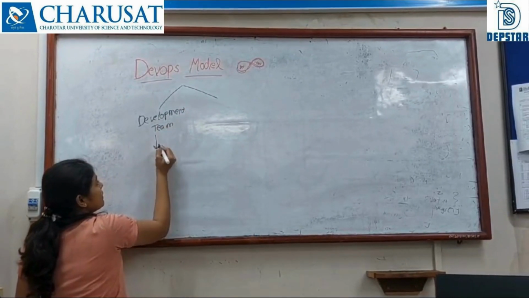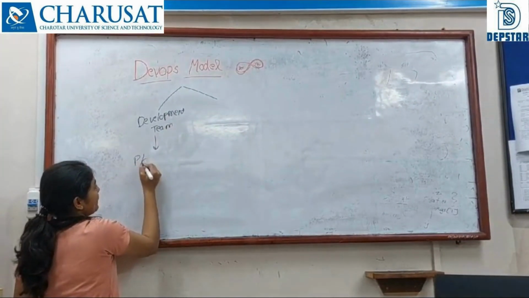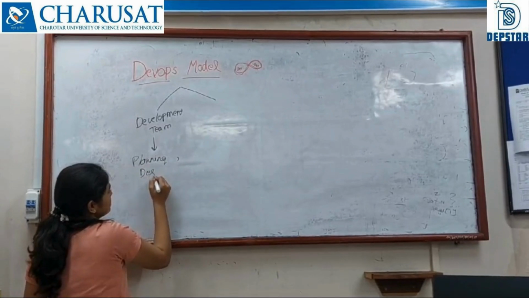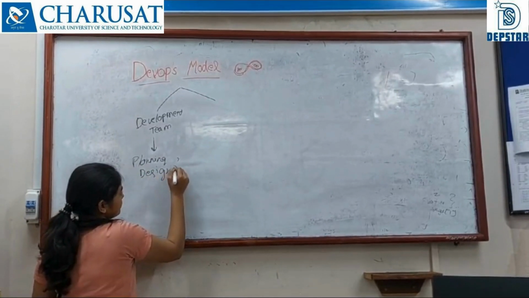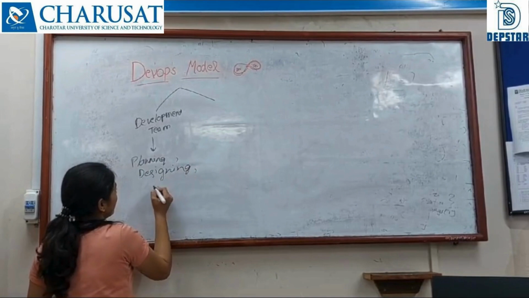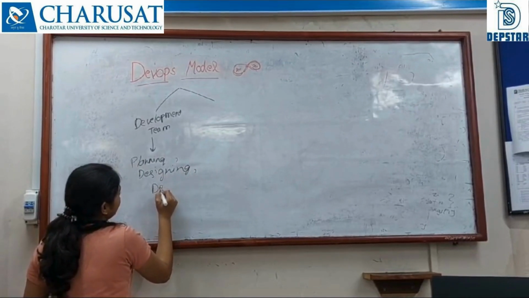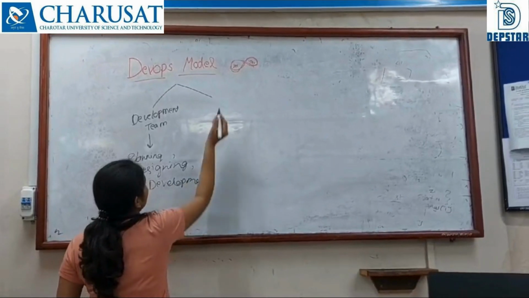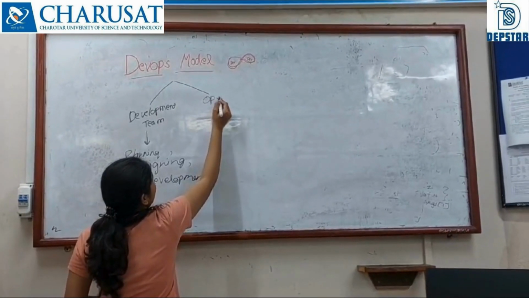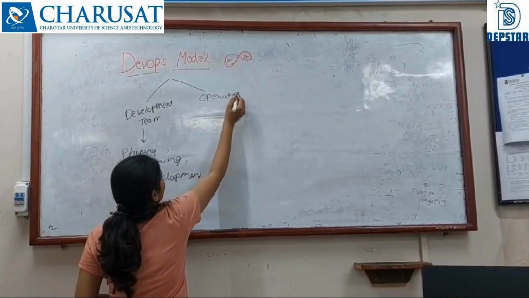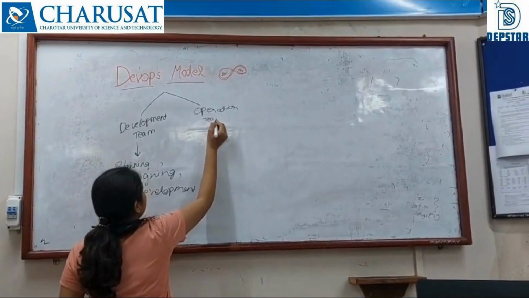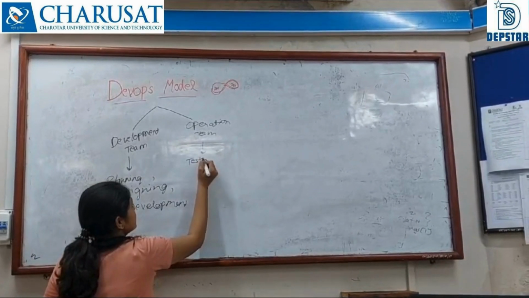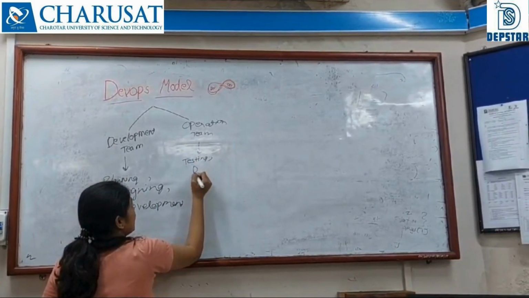The DevOps model is divided into 2 teams: the development team, which focuses on planning, designing, and development. And second, we have the operation team, which focuses on testing and deployment.